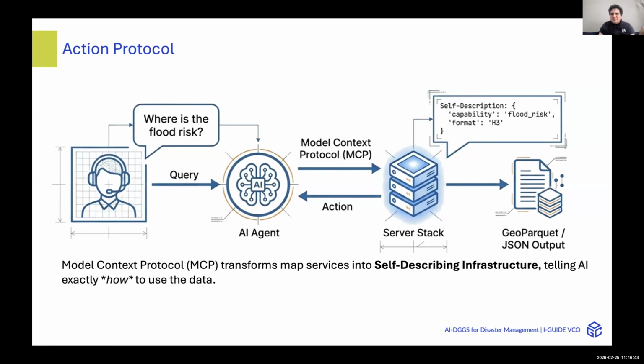So a simple text-based query will end up with map results. And that's a self-describing infrastructure. That's what we need. So we used MCP in this pilot.